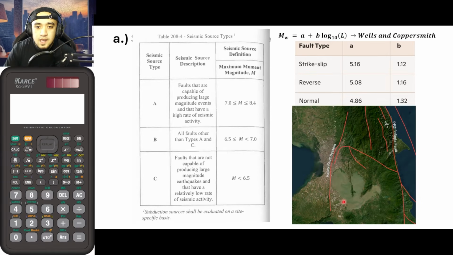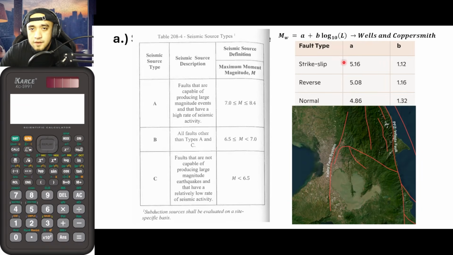Okay, so in this case, if you are, let's say, solving for the magnitude of the Valley Fault System, which is this fault line here, you would first measure that. So you would measure the fault line, that is the value of L here already.